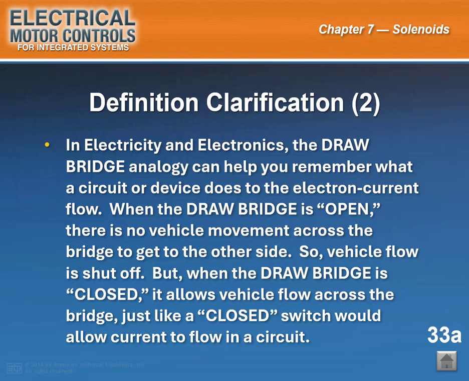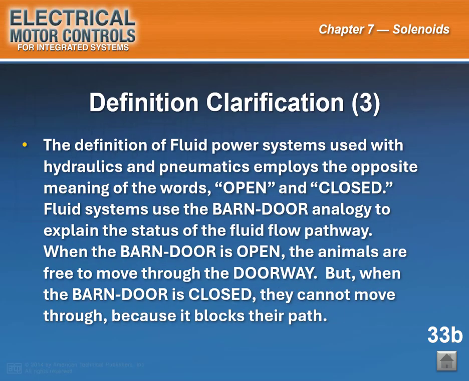The definition of fluid power systems used with hydraulics and pneumatics employs the opposite meaning of the words open and closed. Fluid systems use the barn door analogy to explain the status of the fluid flow pathway. When the barn door is open, the animals are free to move through the doorway. But when the barn door is closed, they cannot move through because it blocks their path.